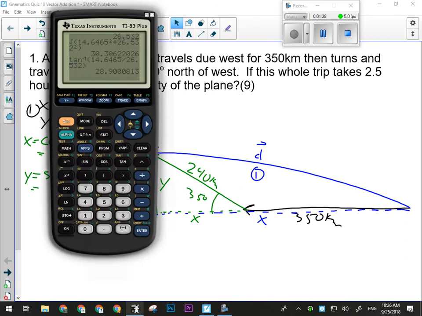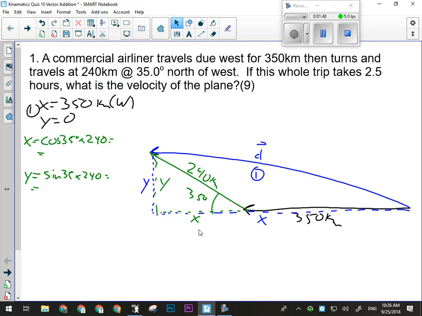So cos of 35 times 240. All right, so our X component's 196.596 kilometers. Okay, and that is west.